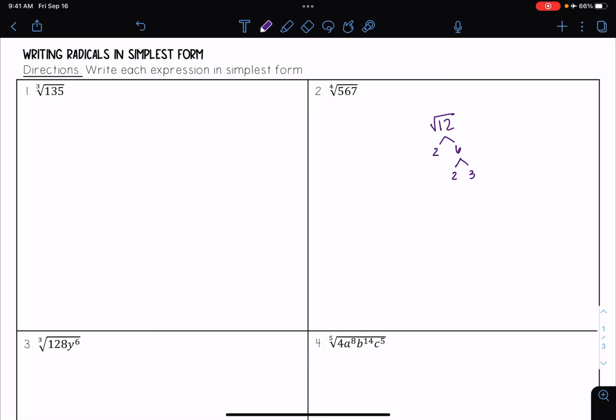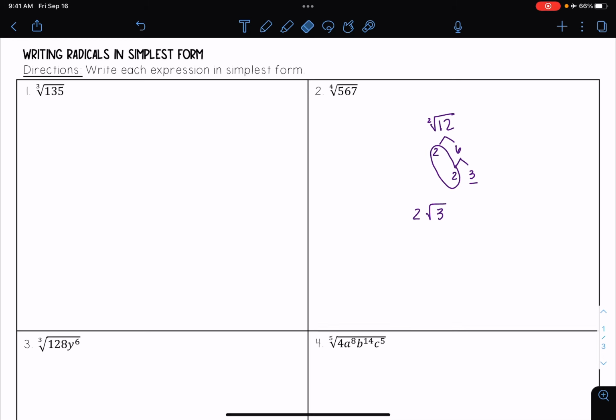Now when we're taking the square root, remember that we took out pairs of numbers, and that's because that index here is really a 2. So here I'd say I have a pair of 2's that can come out, and so I'd put a 2 out in front, and then what's remaining, which is 3, would stay inside of the radical.